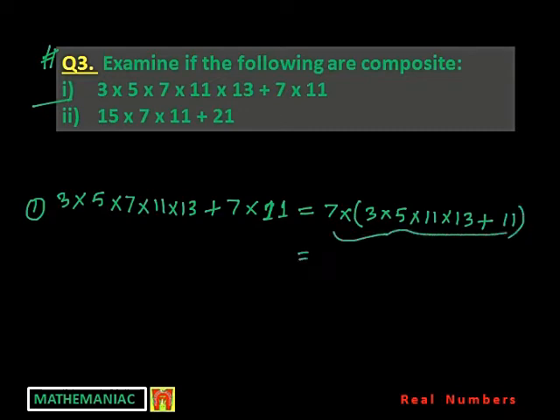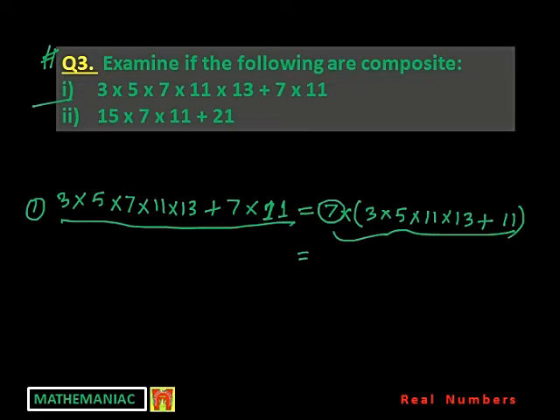So now can you conclude from here that 7 is a factor of this number? And very obviously 7 is neither equal to this number, nor is 7 equal to 1. That means this number has other factors than 1 and the number itself.